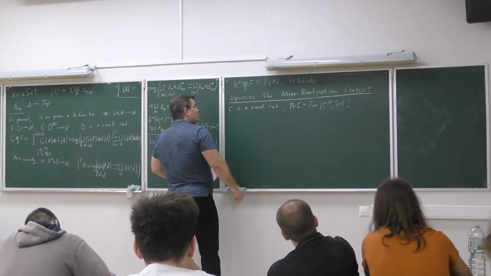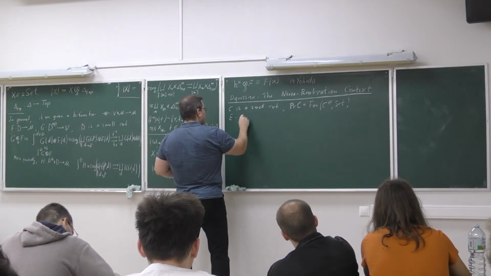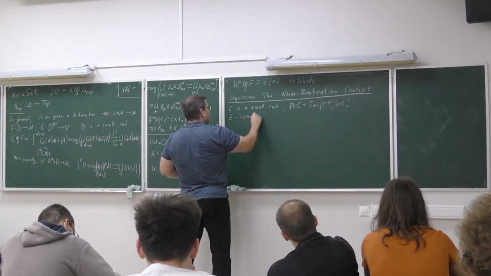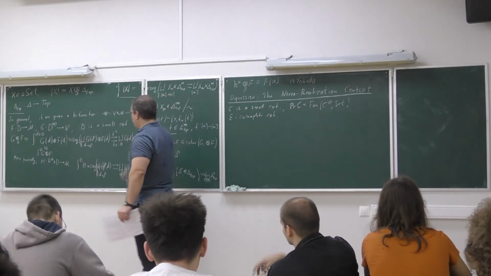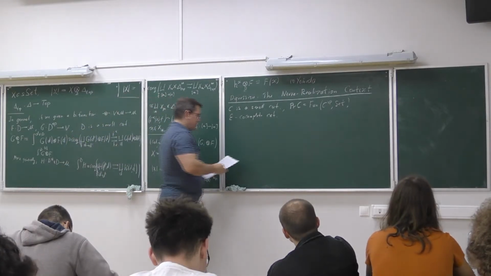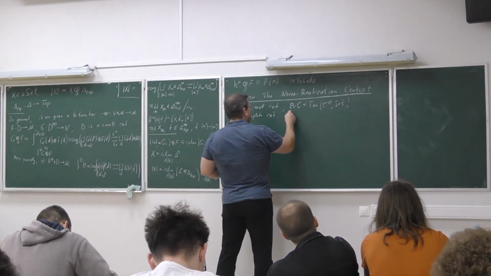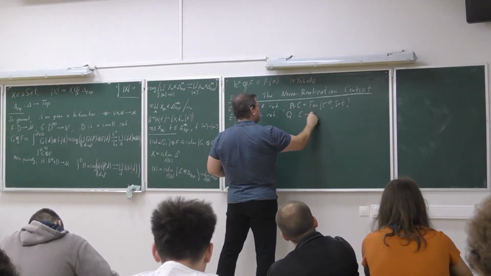And also I want to fix some E. This will be a co-complete category. Because I will continue to do some computations with tensor products, I need them to exist, so this is co-complete. And also I fix some functor, let me call this Q, but probably this is not the best notation.